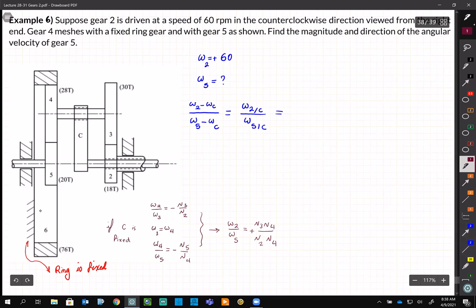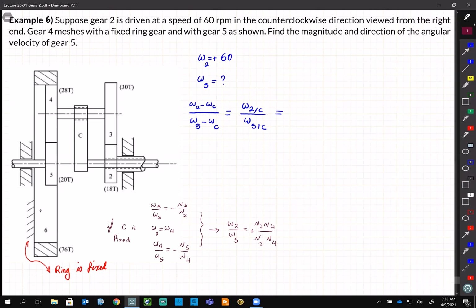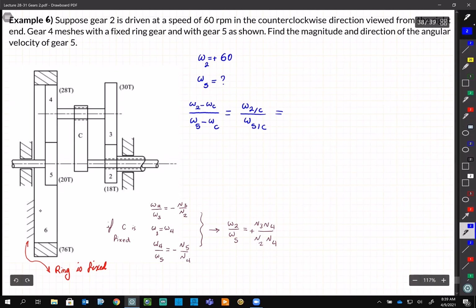Okay, so let's write it down here. So this is positive, n3, n4. Oh, I made a mistake here.